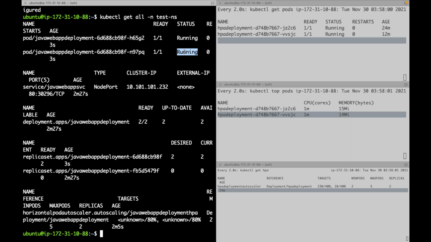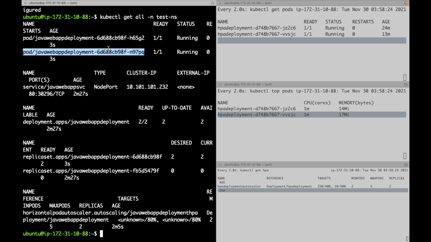Yes. But if I try to scale, whether I manually scale or the HPA scales, and I don't have that much CPU and memory available in my cluster, will the third pod or fourth pod come into the running state?